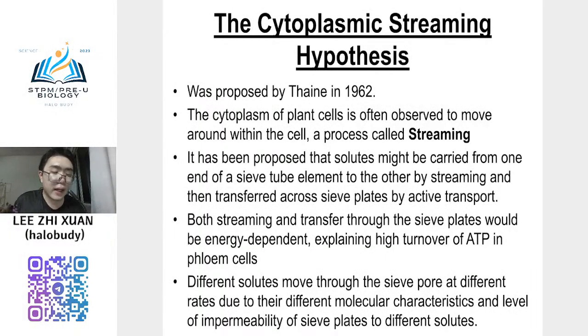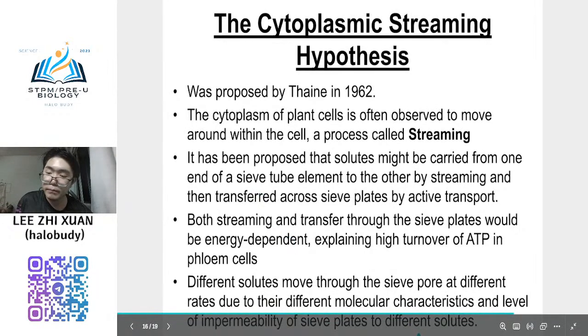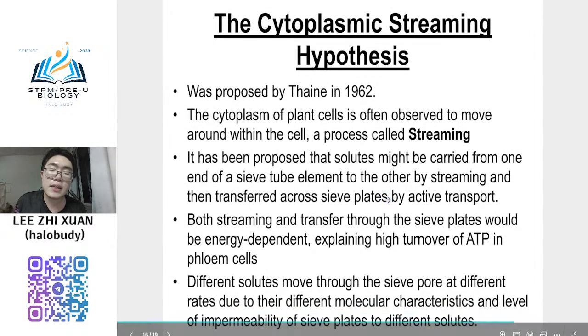And another one is the cytoplasmic streaming hypothesis. About the cytoplasmic streaming hypothesis, actually it is the flow of ions and molecules inside the cytoplasm. It has been proposed that solute can be carried from one end of a sieve tube element to the other by streaming, and then transferred across the sieve plate by active transport.